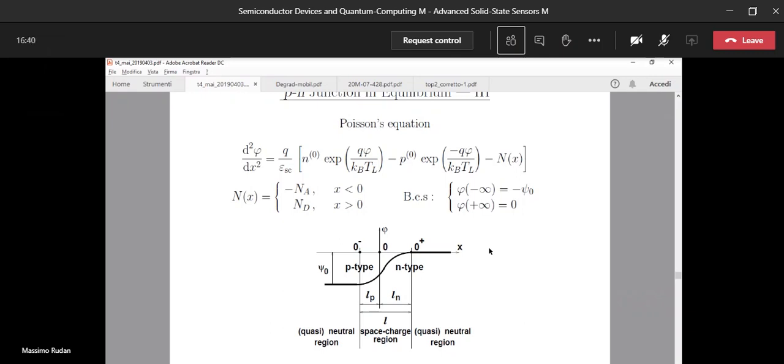So if we draw a graph in which instead of the concentration n, we use the logarithm of n, we expect to obtain a curve that is similar to this apart from some constant.